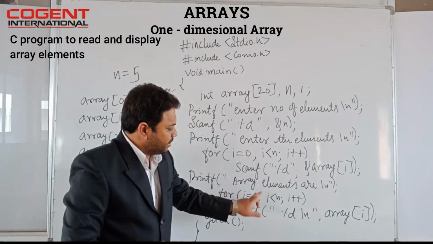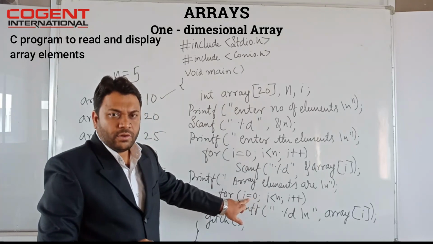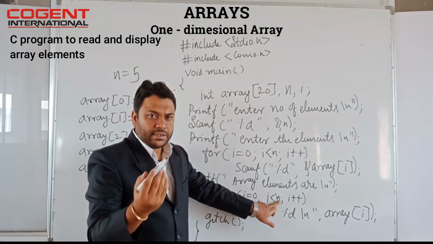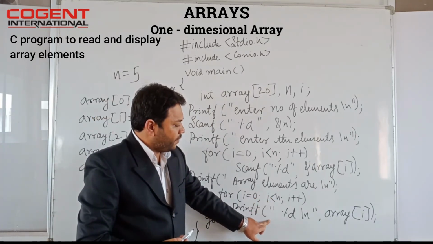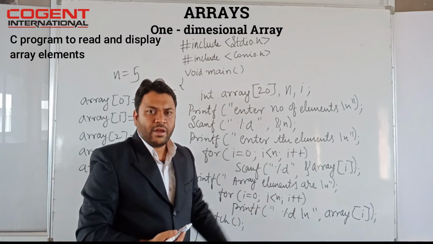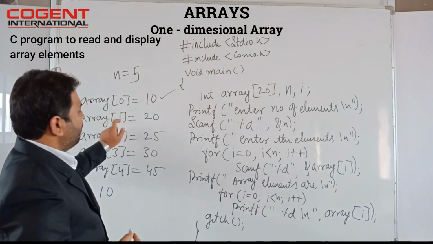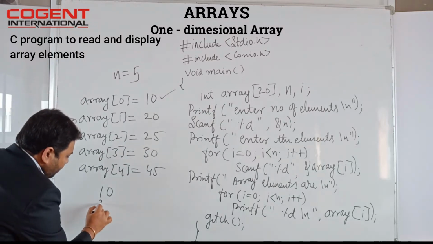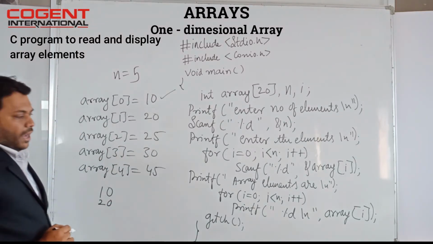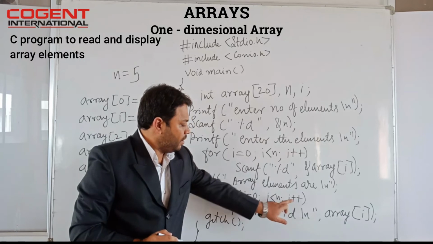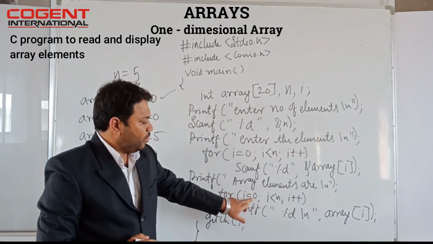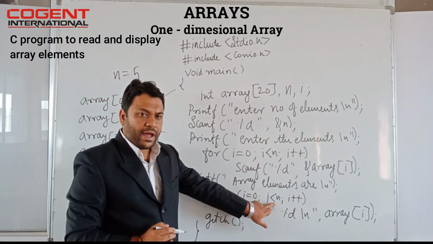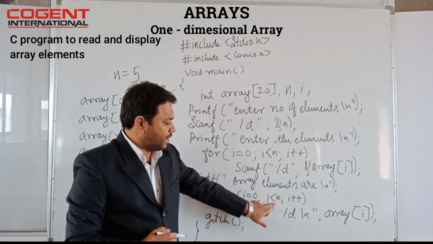Now the i value is incremented by 1, so i is equal to 1. 1 is less than 5. The condition is satisfied. Then printf the value array of 1, which is 20, printed on the next line. Likewise, increment the value of i, which becomes 2. 2 is less than 5, yes, the condition is satisfied.